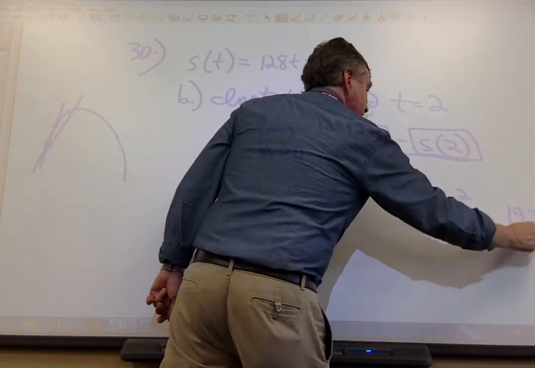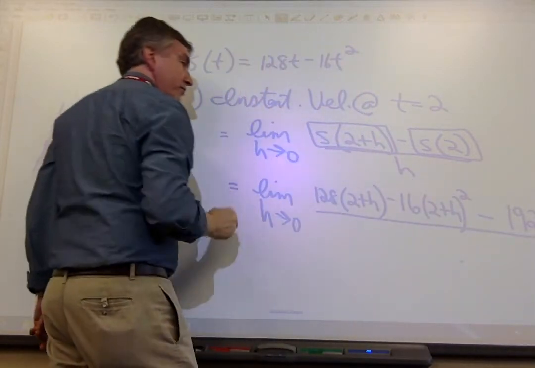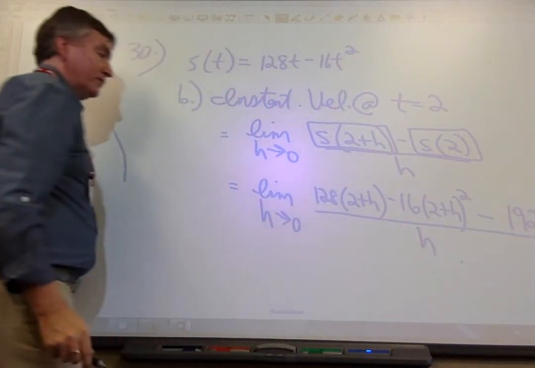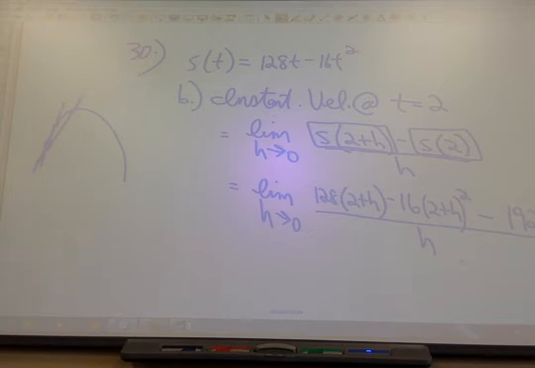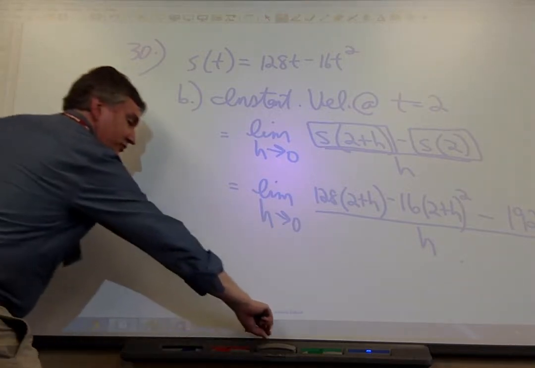Was it 192 over H? To find that instantaneous velocity, the slope of that line at that one point, I've got to find that limit. I've got to work that out. That doesn't look fun algebraically, does it? But it's not bad once we get into it.